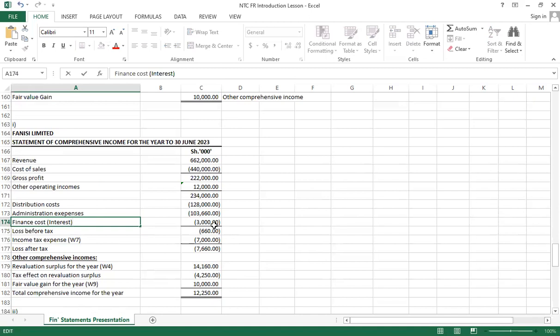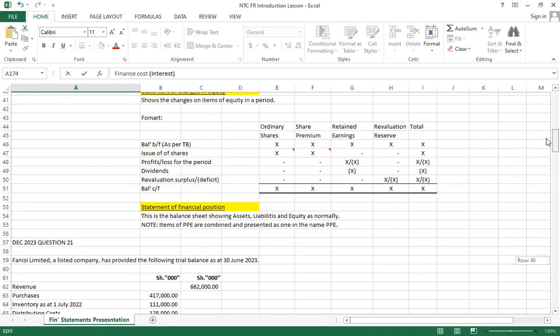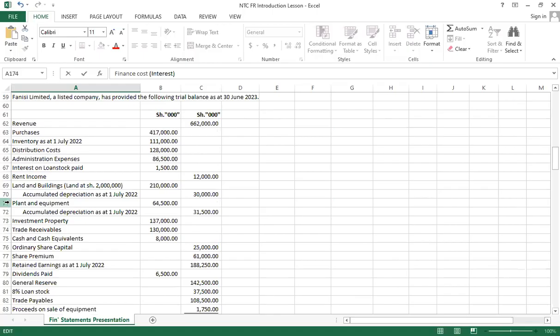Then when you go back to the trial balance, as item number 6 we have interest on loan stock paid. So the expense was 3,000, but what had been paid in cash as of the reporting date is only 1,500. So the other 1,500 has not been paid in cash, so it's an accrued expenditure. Is that okay?